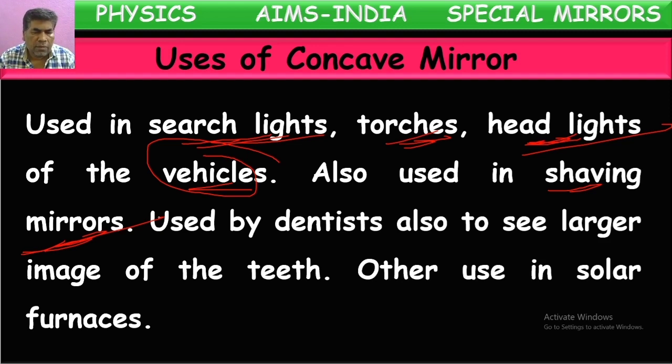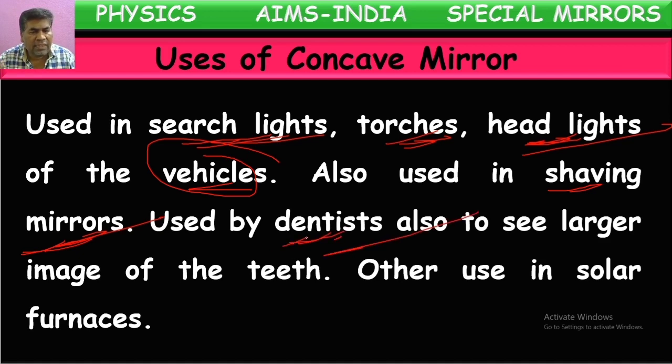Or when you go to an ENT specialist or a dentist, he will keep instruments and a mirror or lens. With that, the part of your mouth will be enlarged, so that if there is any infection, he can observe it with that mirror and do the proper treatment.